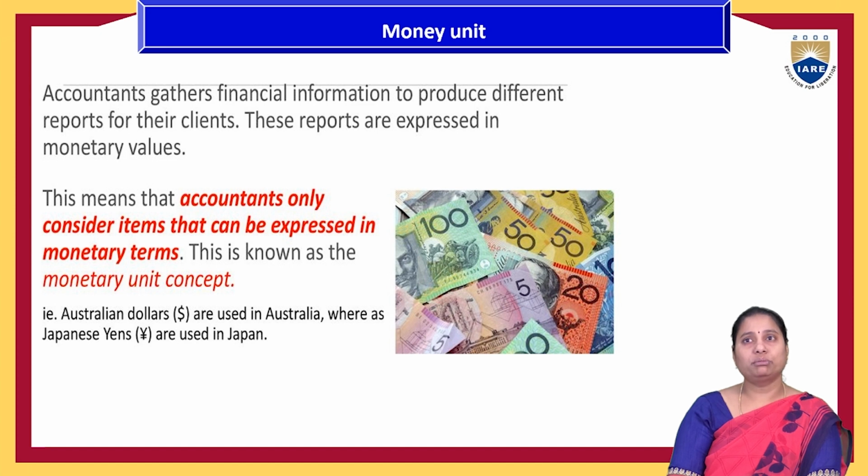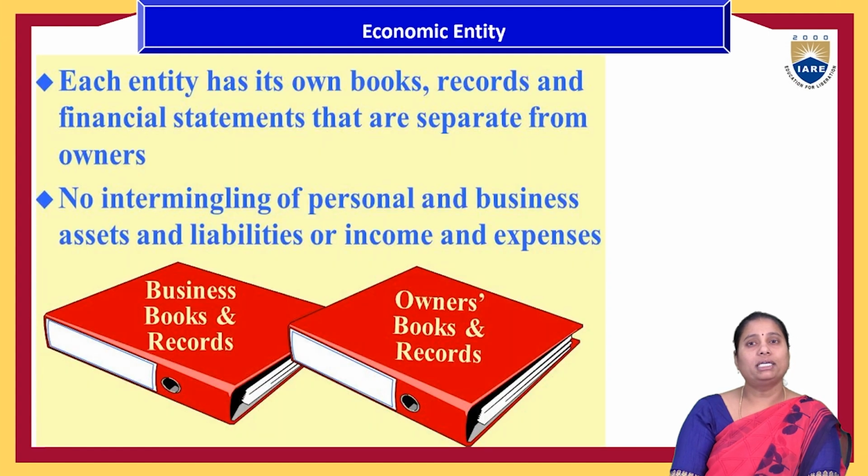Here, the first assumption is the money unit. All accountants have to measure only the items which can be measured in terms of money. The qualitative elements they should not take into consideration. And every organization is an economic entity. Here, the owner is a separate entity; we can call it the separate entity concept also.